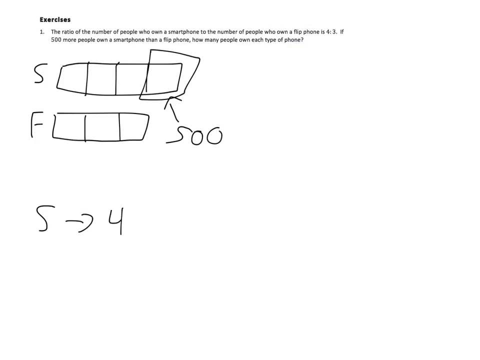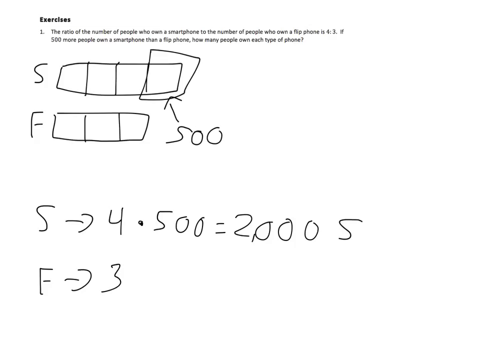And if each one has 500, that would be 4 times 500, which is going to equal 2,000 people who have smartphones. Let's do the same for flip phones. This time there's 3 sections. And if 3 sections are 500 each, it's going to be 3 times 500, which is going to give us 1,500 flip phones. So there we go.